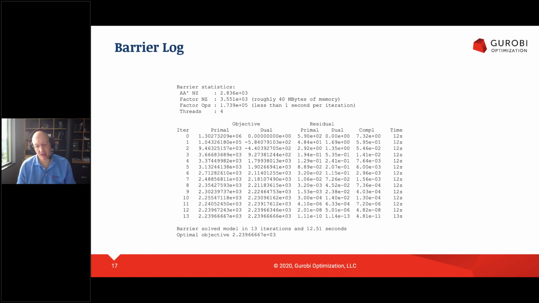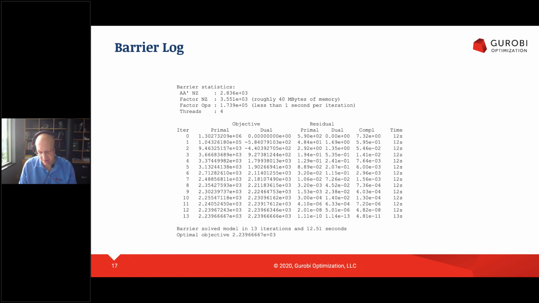If you look at a log from the barrier solver, I'm not going to go through this in detail, but the key point to note here is that we're doing a small number of iterations, 13 in this case. In each iteration, we have a primal iterate and a dual iterate, which has a certain primal infeasibility and dual infeasibility and complementarity.